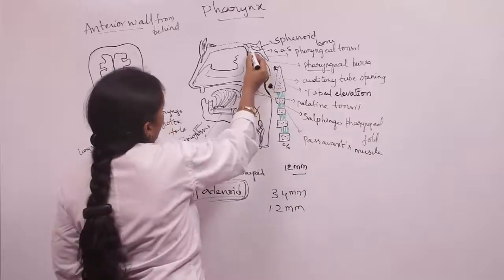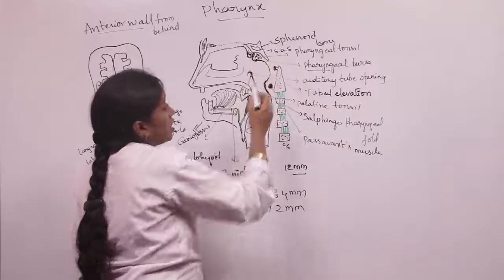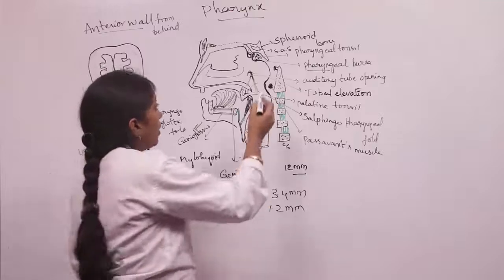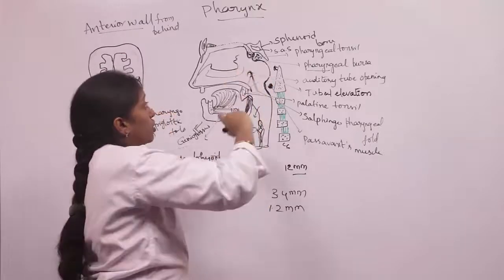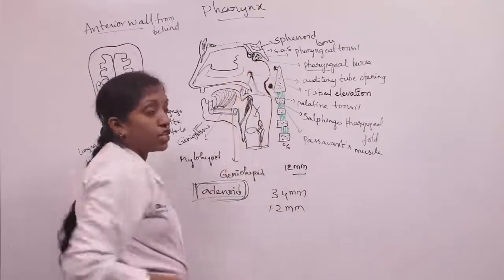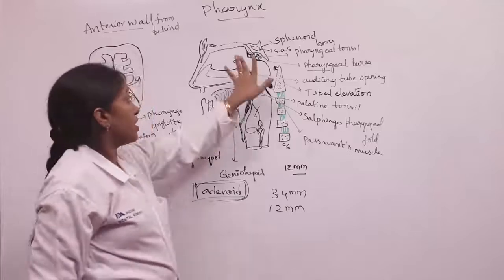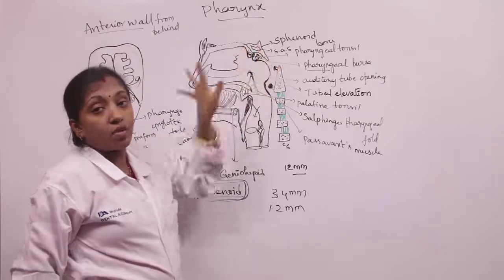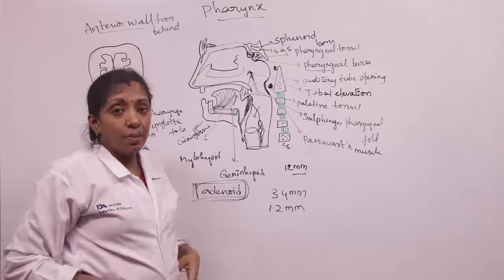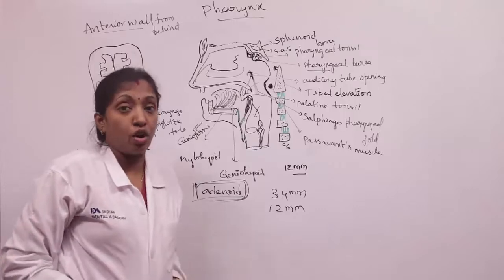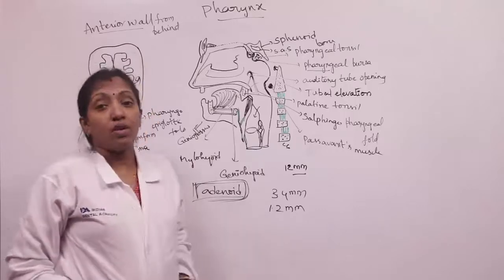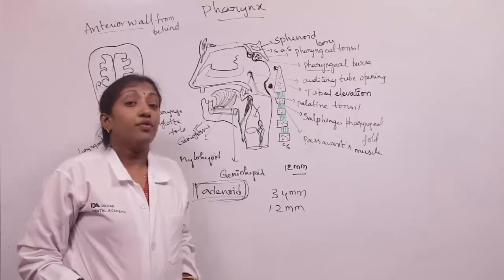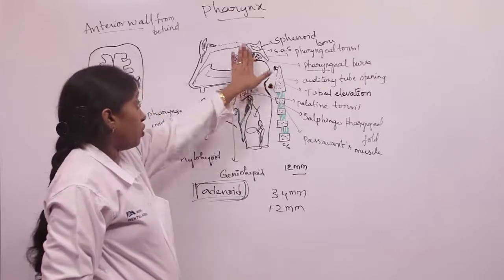So in the roof and posterior wall, we are able to see the pharyngeal tonsil and also the pharyngeal bursa, a mucous diverticulum which extends into the substance of the nasopharyngeal tonsil. Sometimes its mouth is closed, forming a cystic swelling. That's about the roof and posterior wall.